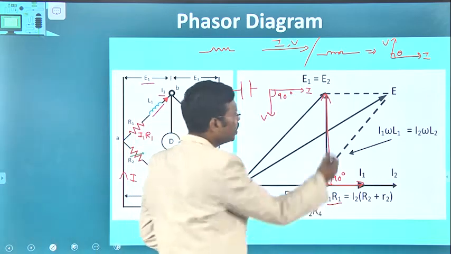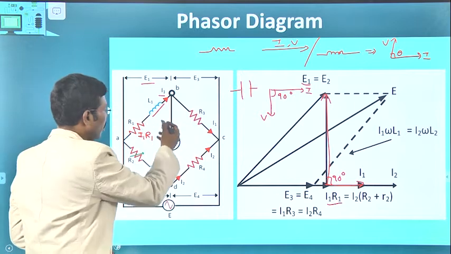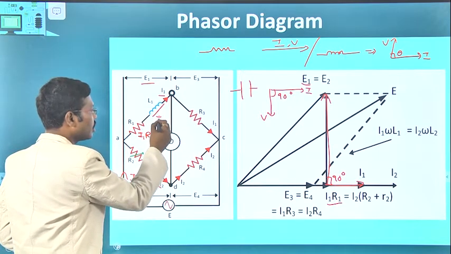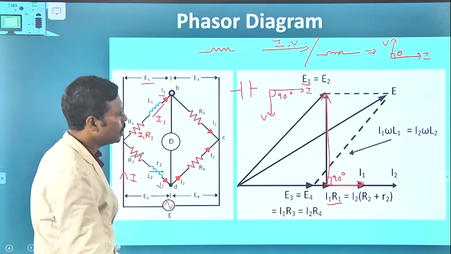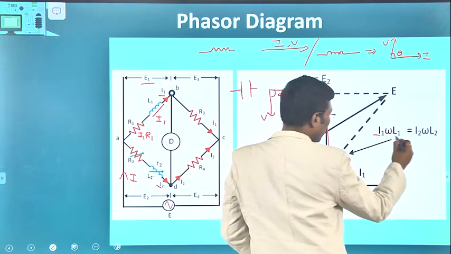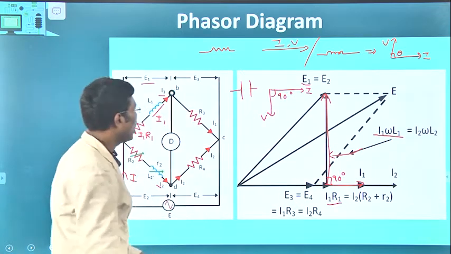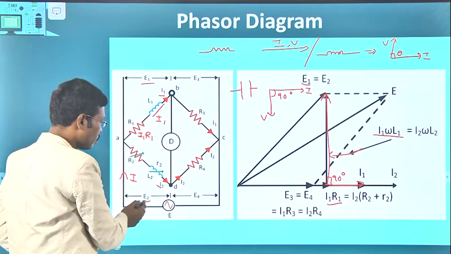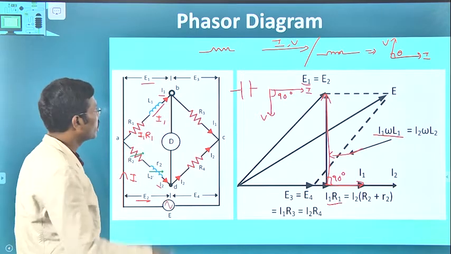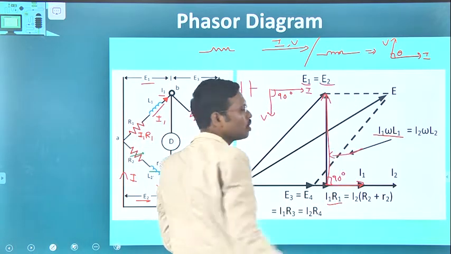I have represented this as E1, and the current passing through this inductor is I1. So, I1 into omega L1, that is I1 into j omega L1, is this vector representation. And when the bridge is in balance condition, voltage E1 will be equal to voltage E2.